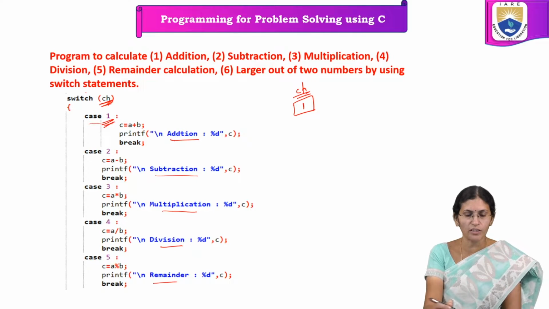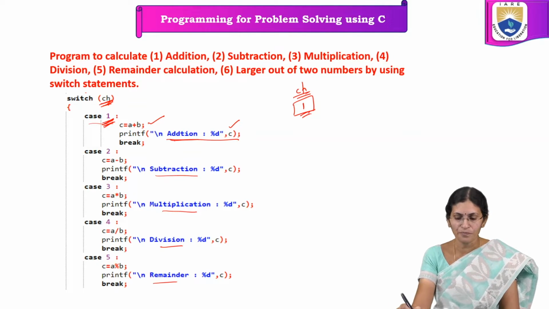If the ch value matches any of the case values, the corresponding case will be evaluated. If ch is equal to 1, this case label matches. So c is equal to a plus b will be evaluated, and it will print the addition of the two numbers, the value stored in the variable c, on the screen.